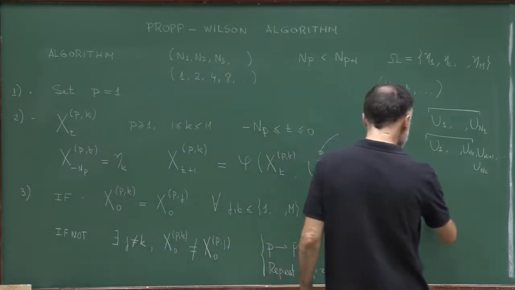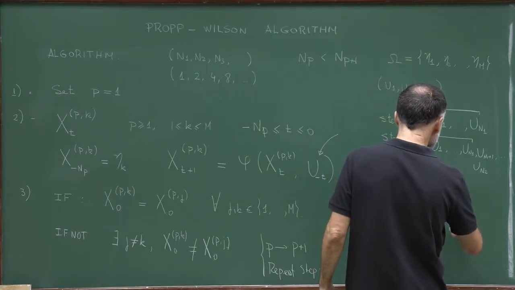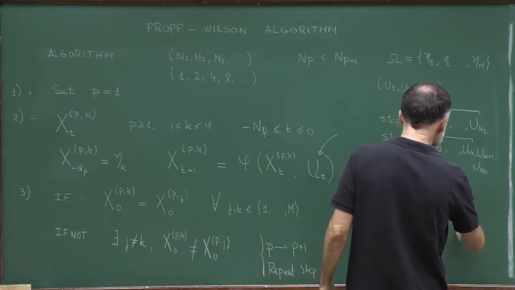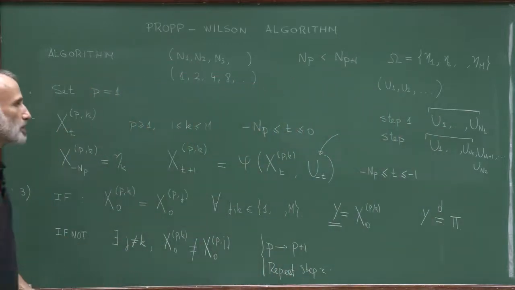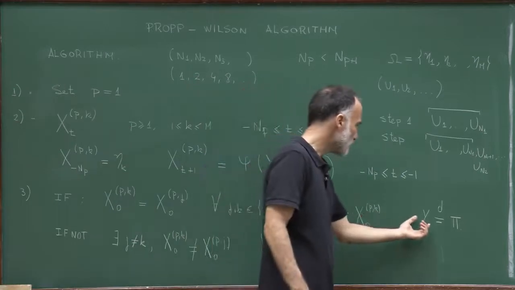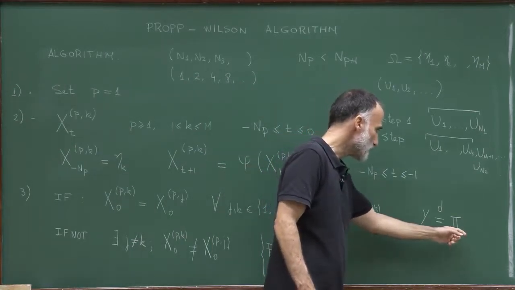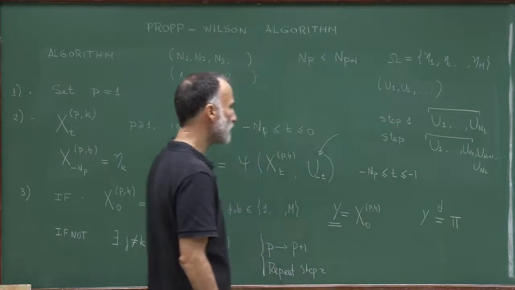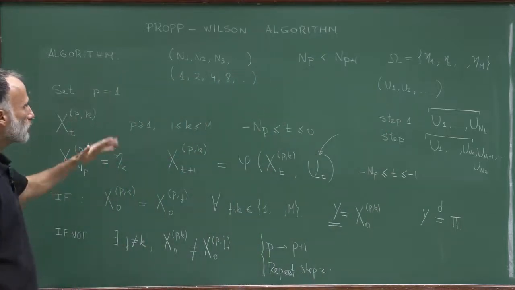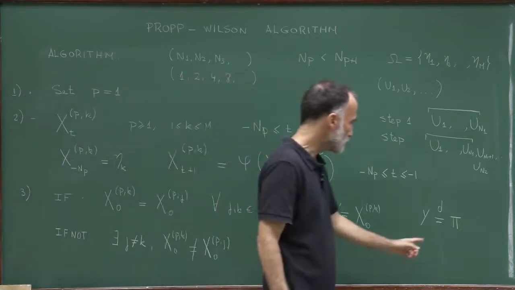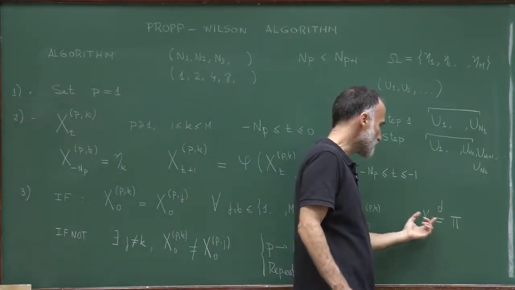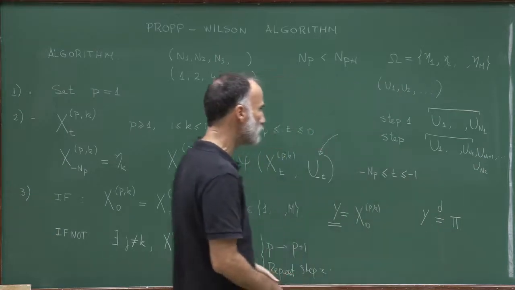So the distribution of y is equal to pi, which means that if the algorithm ends, then the random variable y produced has a distribution exactly equal to pi. So now, just to make sure that you understood the algorithm, I'll give you an example, and after the example I will prove a theorem which claims that the distribution of y is given by pi.